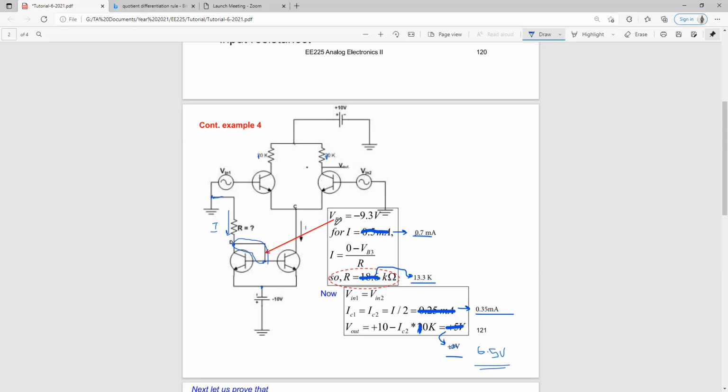So if we take the voltage at this node as VB3, the current equation for this branch is going to be I equal to 0 minus VB3 divided by R. And then we can solve for R.